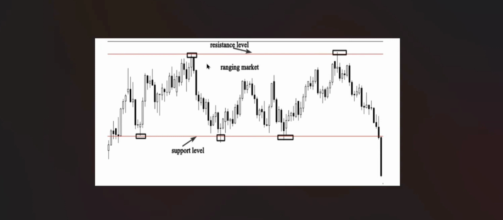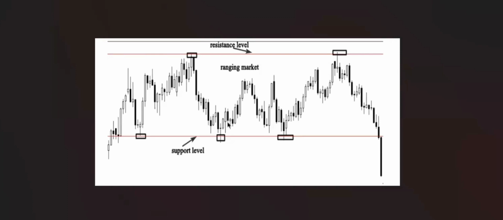As we proceed, we will learn more about how to trade ranging and other market conditions. If you can't differentiate between a ranging market and a trending market, you will not know how to use these price action tools. So it's very important that you understand a ranging and a trending market.